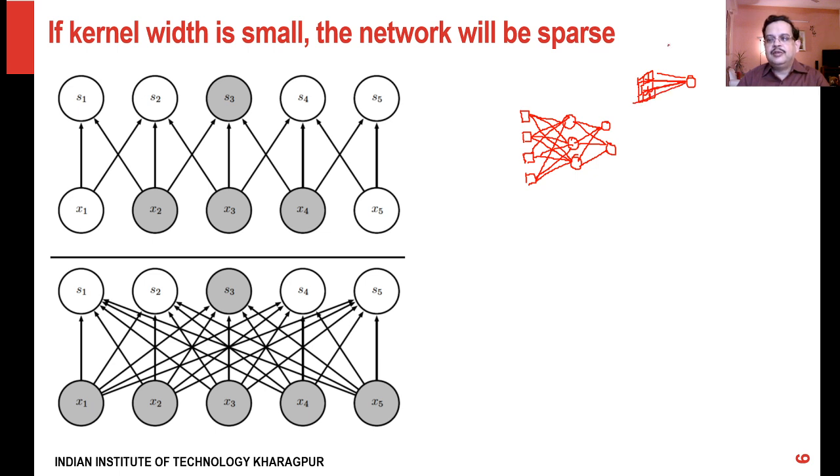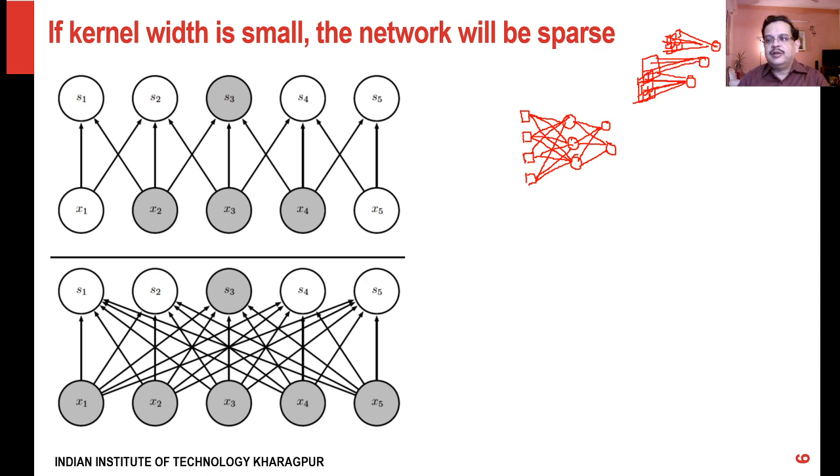If you take another 3 by 3, then they are connected to another one. And of course there can be overlapping 3 by 3s. So it's not the case that each pixel is feeding to only one of them, but I can have some connection like this.